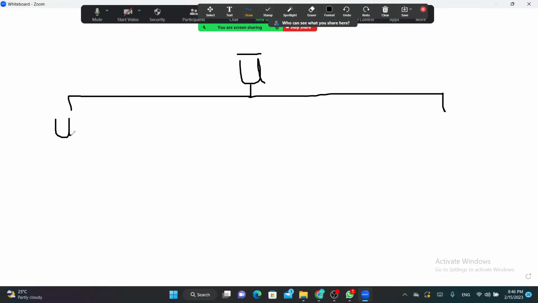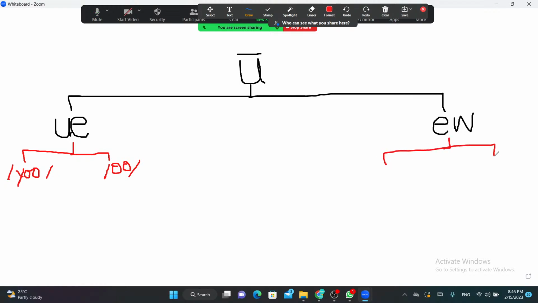This one is part of the 42 sounds, and this is the alternative spelling of U. Both of these spellings can say two sounds. U and oo. U has two sounds, U and oo.